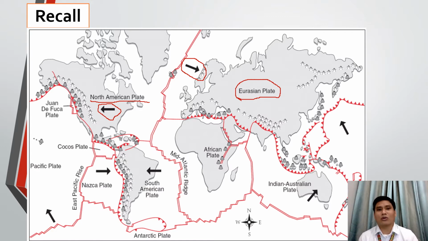If we will try to compare one plate to another, there might be differences between their directions of movements. And because of that, different types of plate boundaries are created.